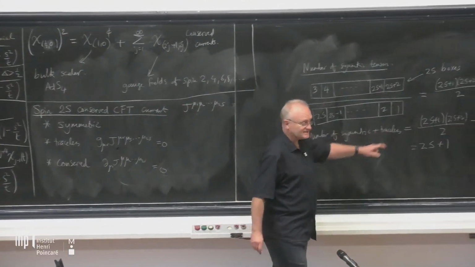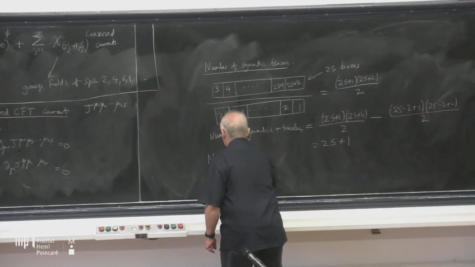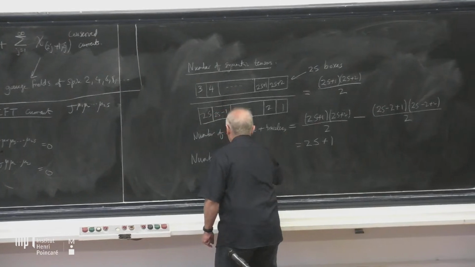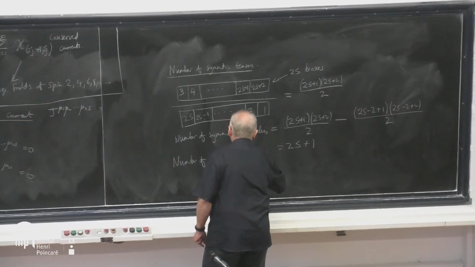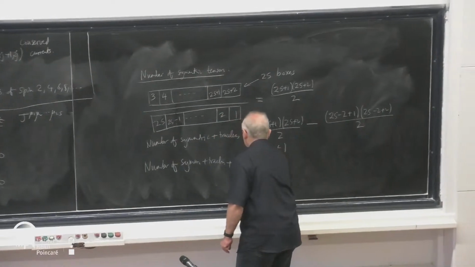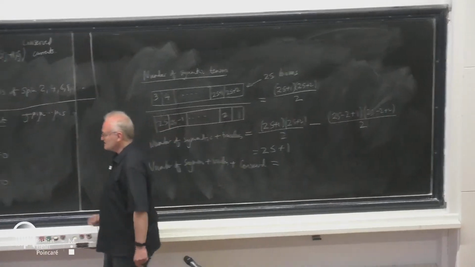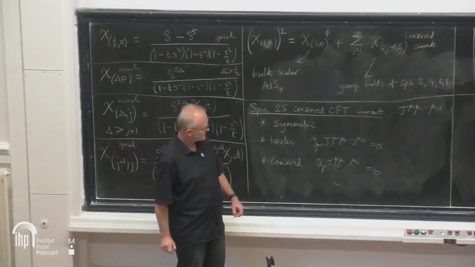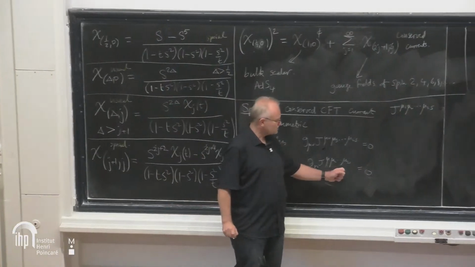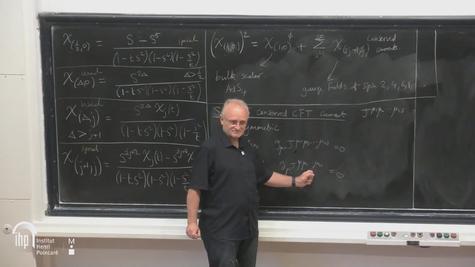symmetric and traceless tensors. Now we can ask, what is the number of symmetric, traceless, and conserved? And what you can see is the number of conservation equations looks like we have got a 2s minus 1 tensor that is symmetric and traceless.